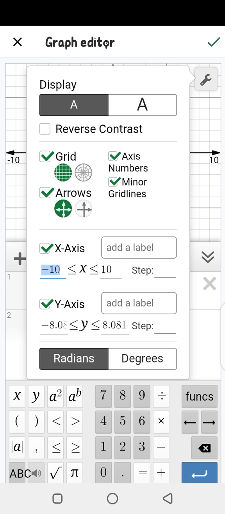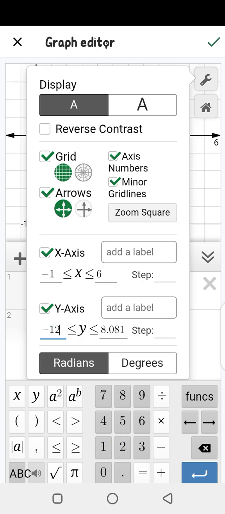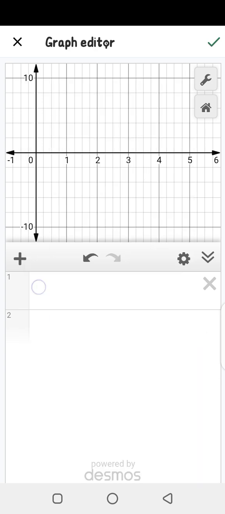So the x interval is from -1 to +6, and so let's give the y interval -12 to +12, and then we give it step to be 2, and then this one should have 1 step. So that these are the axes that we have. So let's plot our graph.